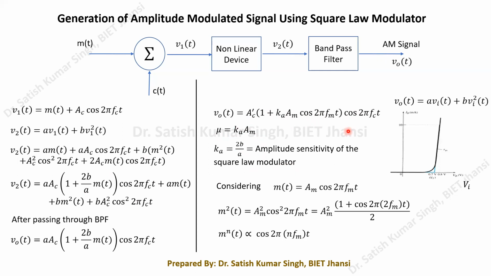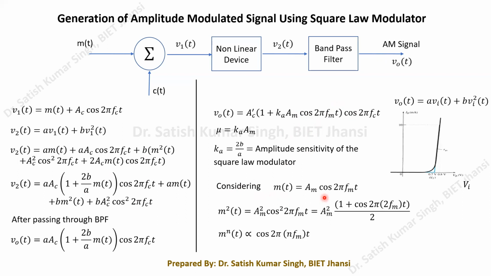Now we have to consider one thing, that this can also be written for a multi-tone case, where we can keep it simply as m(t), rather than taking m(t) equals Am cos 2 pi fmt. Okay, so that can also be written. So obviously again it is the equation of conventional AM only. Fine, whether it is m(t) or m(t) equals a certain single tone modulating signal. So now let us suppose m(t) equals Am cos 2 pi fmt. Then we have to understand one concept.